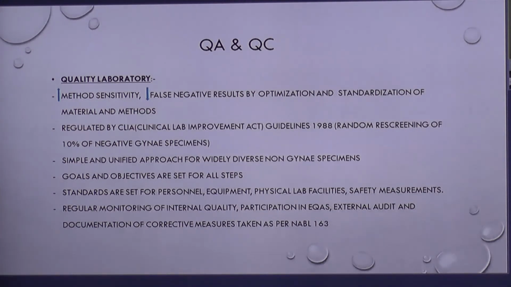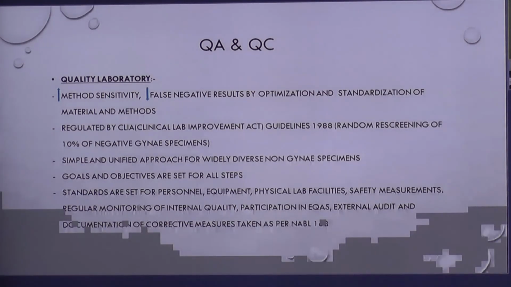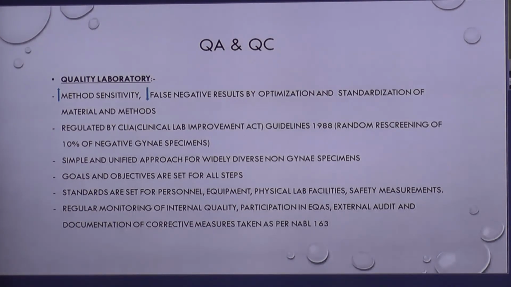Goals and objectives are set for all steps, and standards are set for the lab personnel, the equipment, the physical lab facilities like space, humidity, ventilation, etc., and also safety requirements. Regular monitoring of internal quality, participation in diverse external audits and documentation of corrective measures are taken as per NABL recommendations.